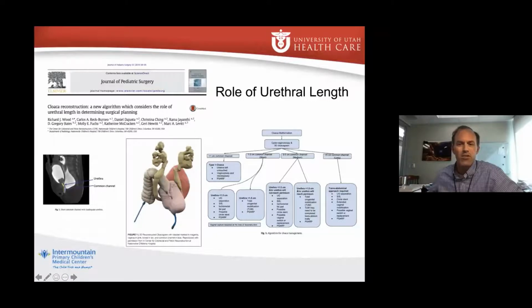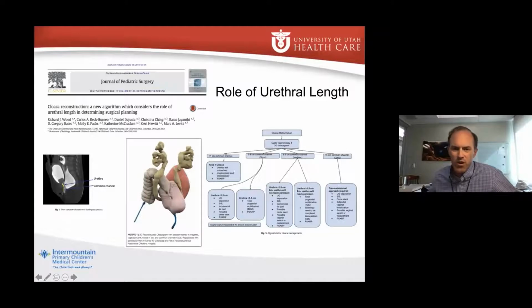And then they came up with a new algorithm, and they do things differently based on the length of the urethra. And I'm going to show you why. So you'll see here that if the common channel is less than 1 centimeter, then you can usually just do a PSARP and that'll be fine.